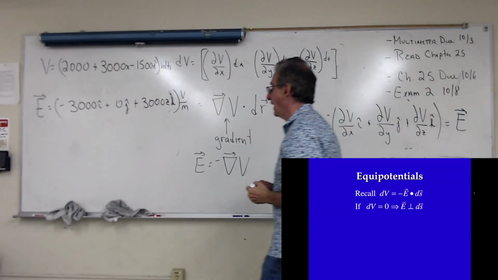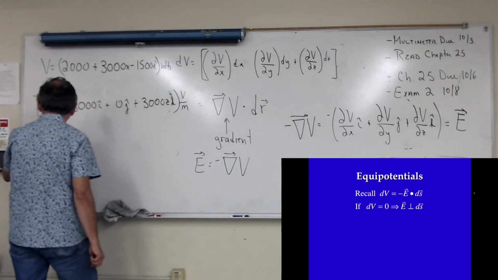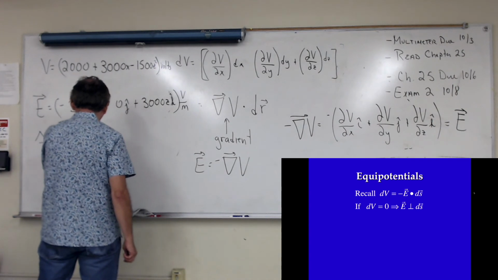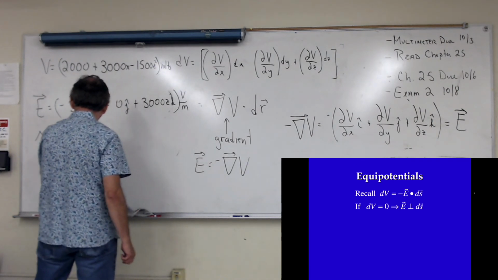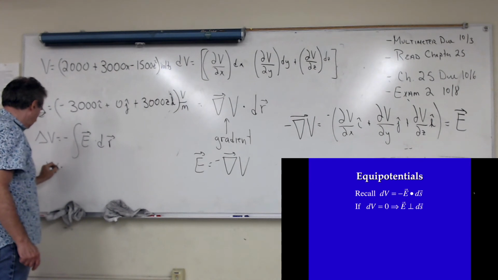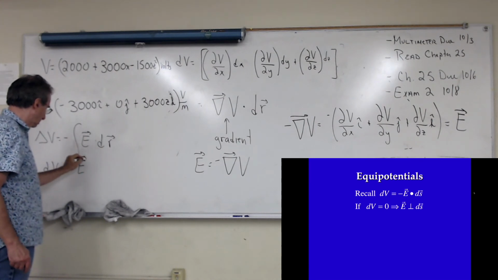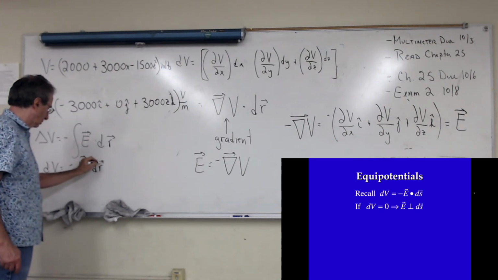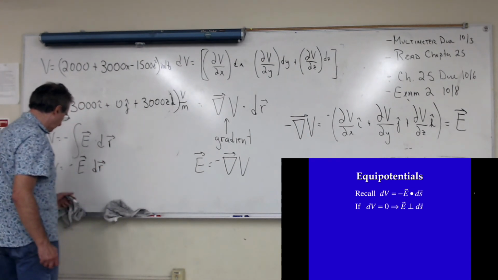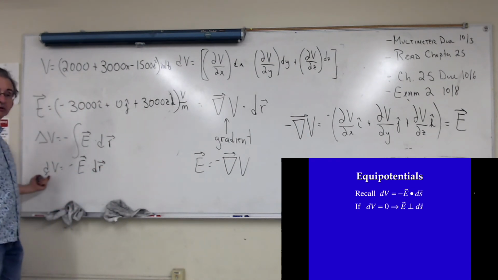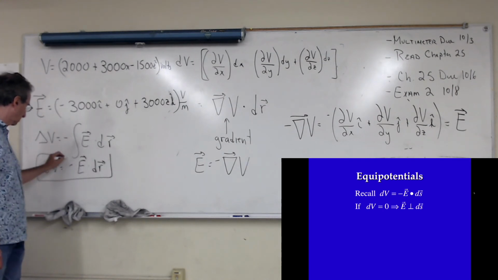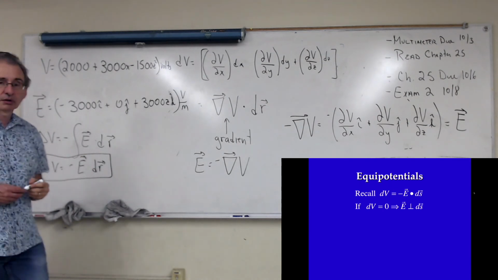I had this up on the board before. Then I wrote down this. When is this zero? When is that zero?